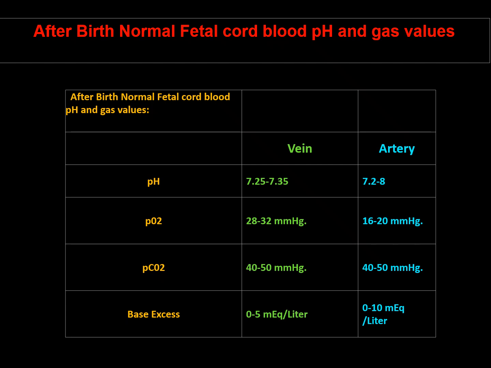The base deficit is 0 to 5 in the vein, and 0 to 10 milliequivalents per liter in the artery, depending on the situation, the length of labor, the progress of labor, and so on. The CO2 is also almost the same, and oxygenation has no big difference, so we didn't reflect on it dramatically.